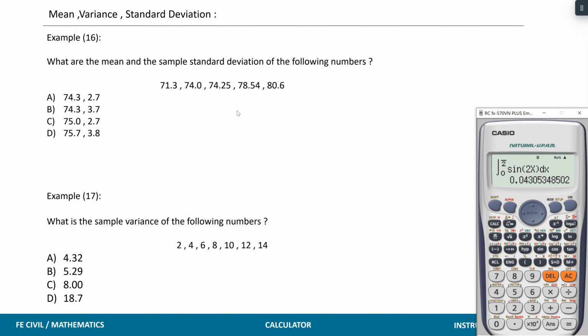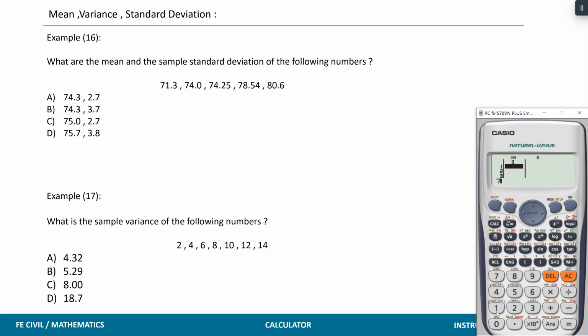Okay, we're going to finish up with the statistics problems. I'm going to go to the statistics mode, which I do by pressing mod and then pressing stat, which is number 3. If we want to calculate the mean, the sample standard deviation and the variance, we press 1, which is 1-VAR, and we start adding the numbers.